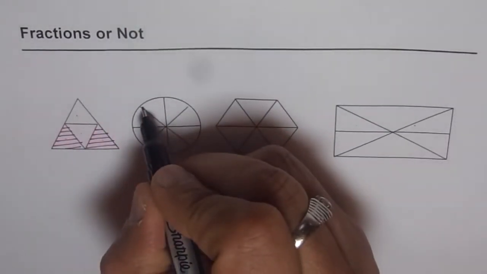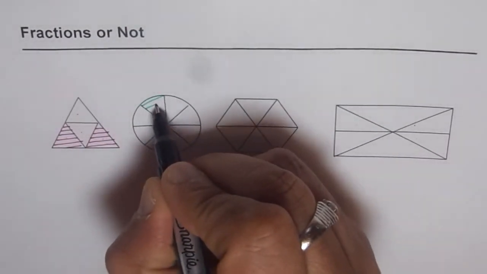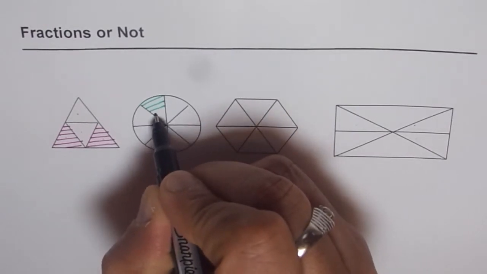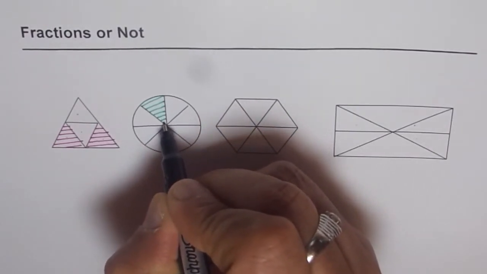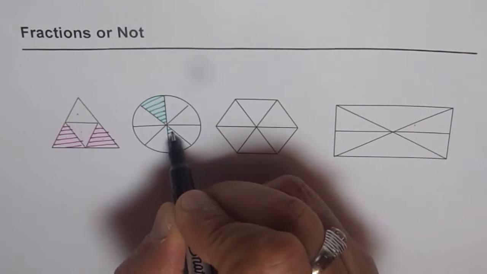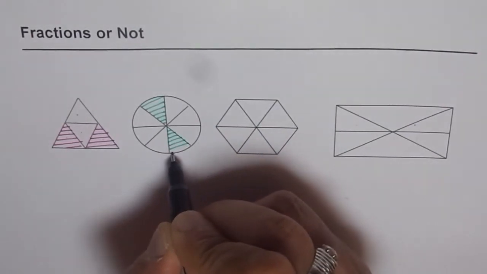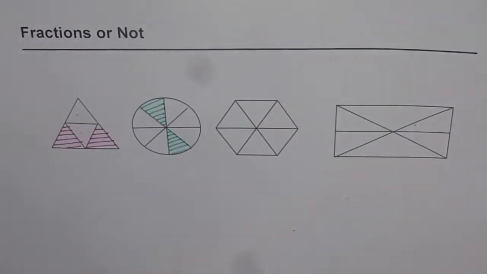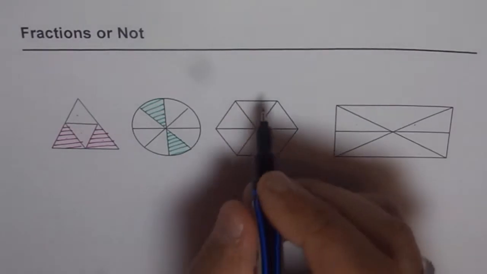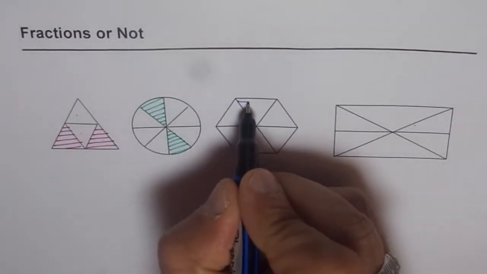So I'm shading here these two. So write opposite ones. Tell me, how many did I shade? What fraction did I shade? Okay, now in hexagon, I will do two of these.